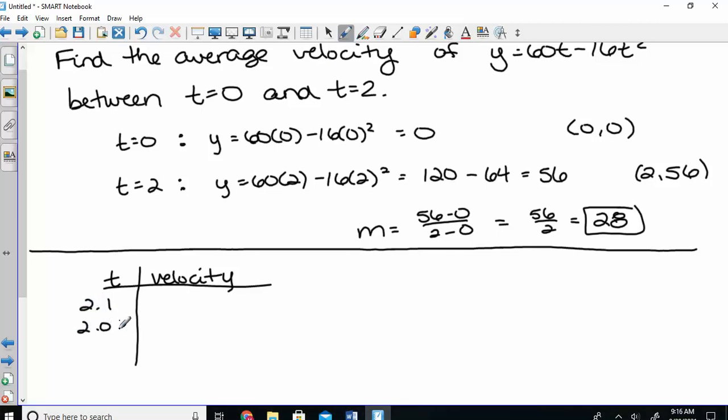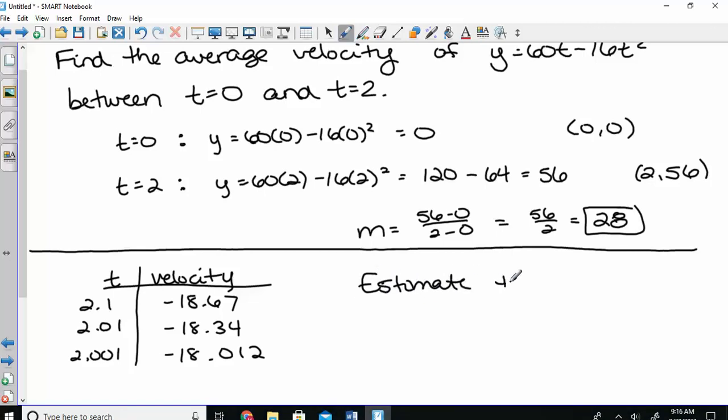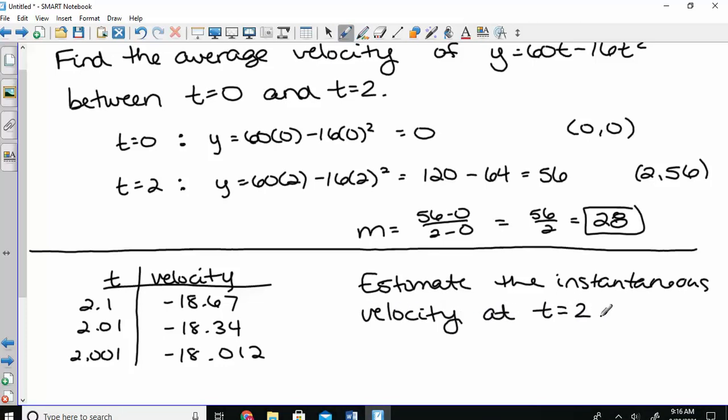So let's say I gave you this, and I asked you to estimate the instantaneous velocity at t equals 2.